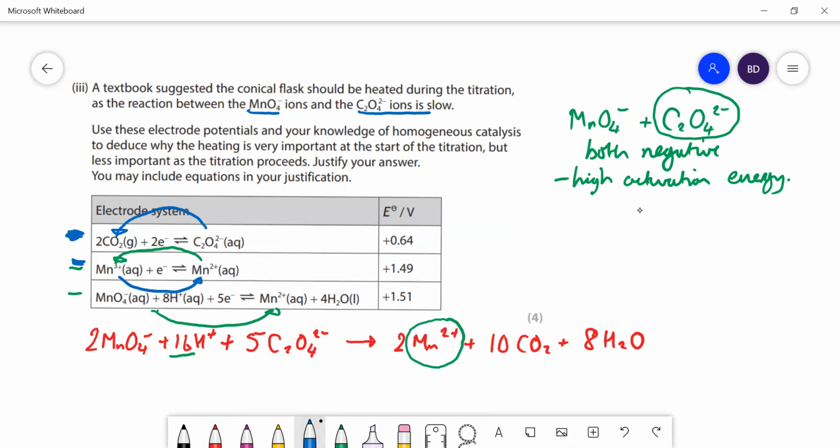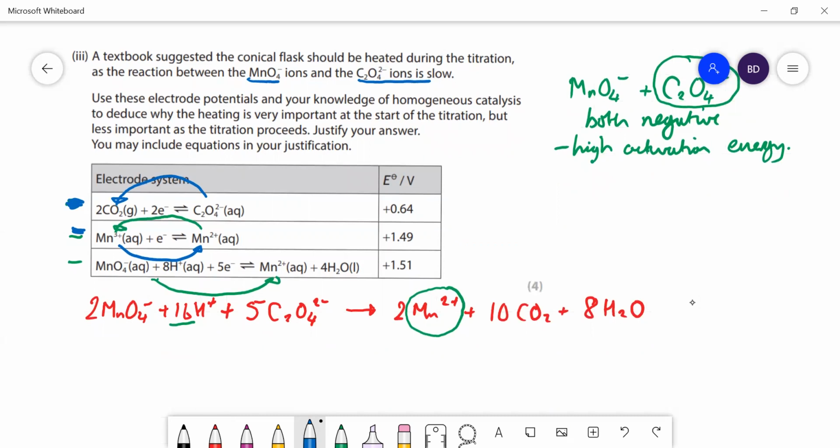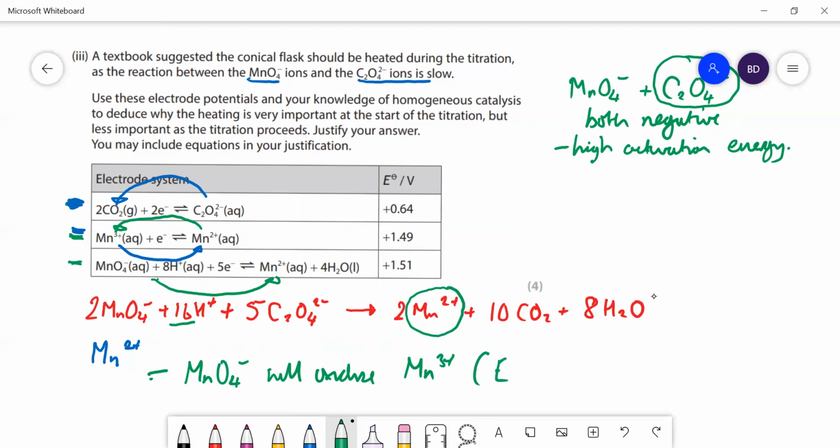Okay, so the manganate ions don't need to collide with each other because the Mn2 plus will catalyze the reaction, and you need to explain why. Well, you need to explain, like I did with the 2 green equations, that MnO4 minus will oxidize Mn2 plus because the E value is more positive.